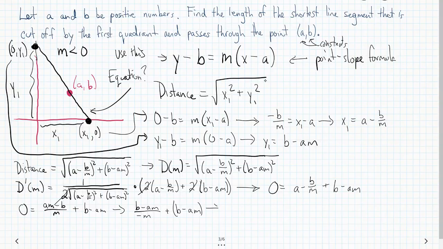So this means that all this equals 0, my apologies there. So you can factor out a b minus am.